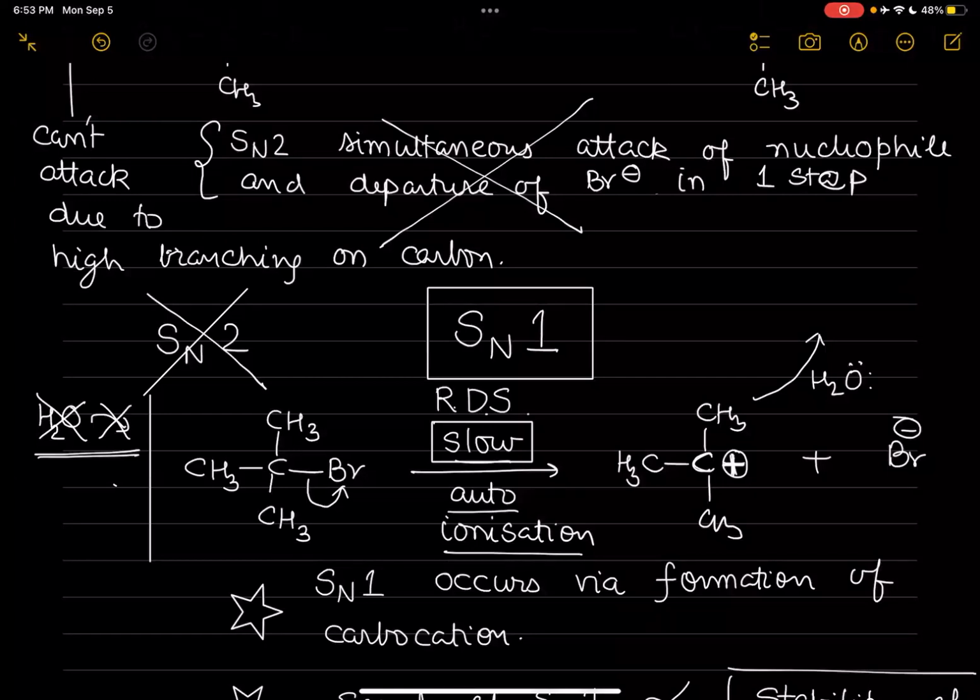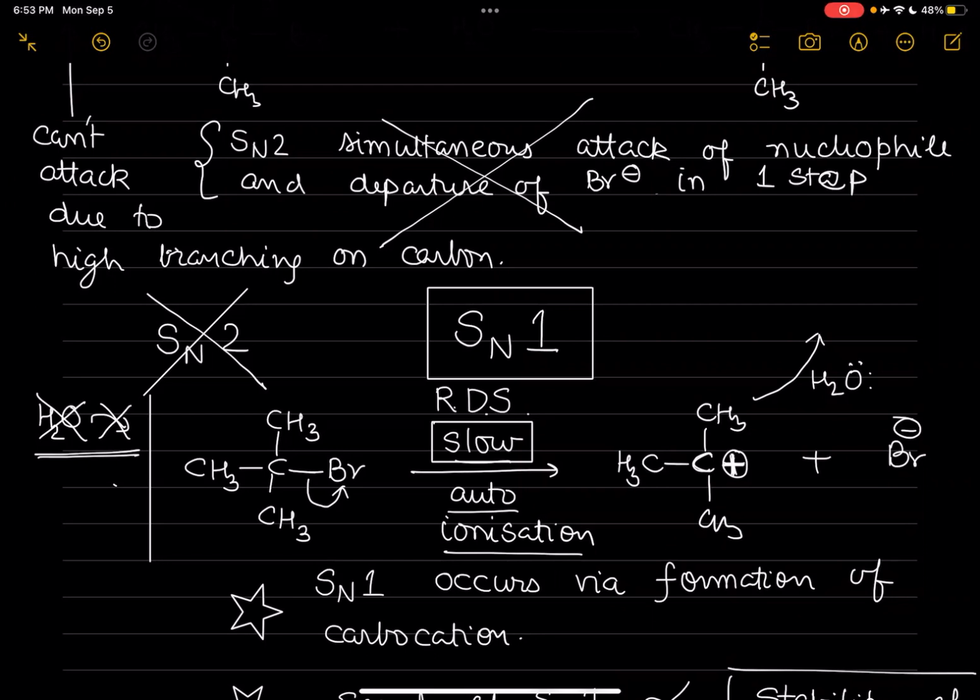But now the leaving group has already departed with the electron pair, leaving behind a carbocation. And now the carbocation has only 3 groups, and it actually needs electrons. So it can now pull the lone pair of the water molecule. The water molecule will join itself.